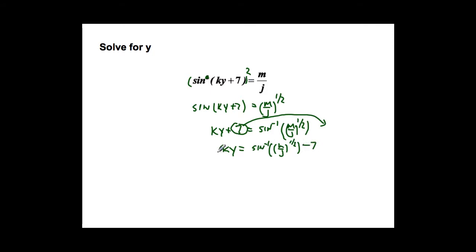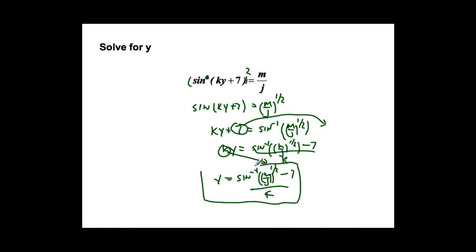And then, of course, what we can do is move the k diagonally over here. And we're left with y is going to be the arcsine of the quantity m over j to the 1/2 power minus 7 over k. And that's our answer.